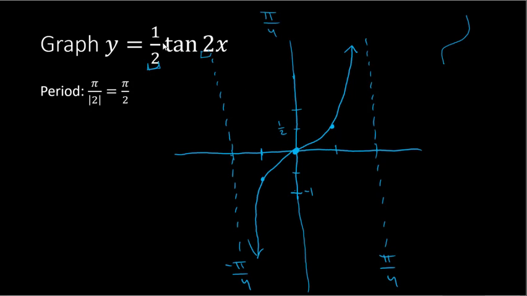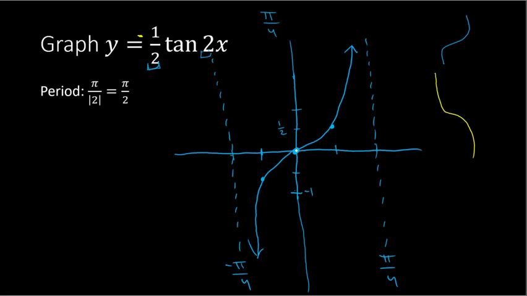And then if there was a negative in the front, so say it was a negative 1/2 times tangent of 2 times x, basically what's going to happen is this is going to be switched around, where the shape is going to be decreasing, so something like this.